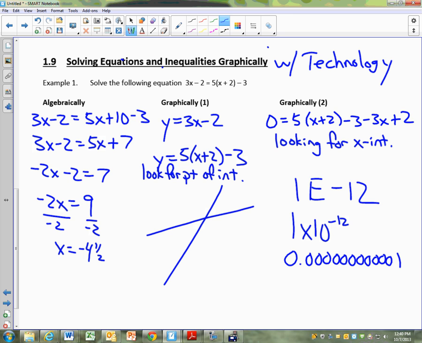What number is that about? It's about 0. Your calculator is still an approximating beast. It can't figure it out exactly most of the time. It has to approximate it. So if you get something like that, it's just another way of saying 0.